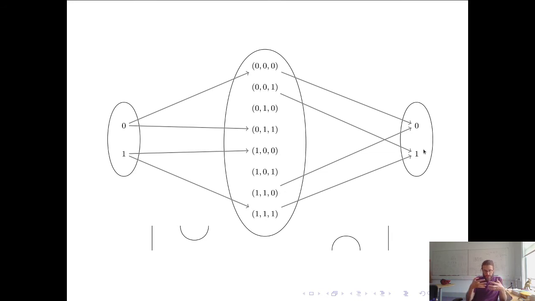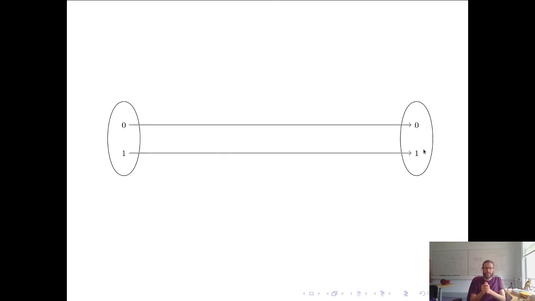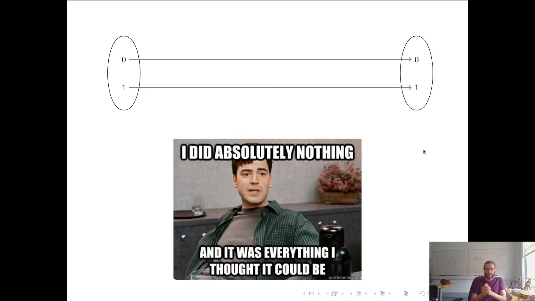So the composition of these two little pieces of picture is this: 0 goes to 0, 1 goes to 1. And this is just the do-nothing process. I've taken my bit and done nothing to it.